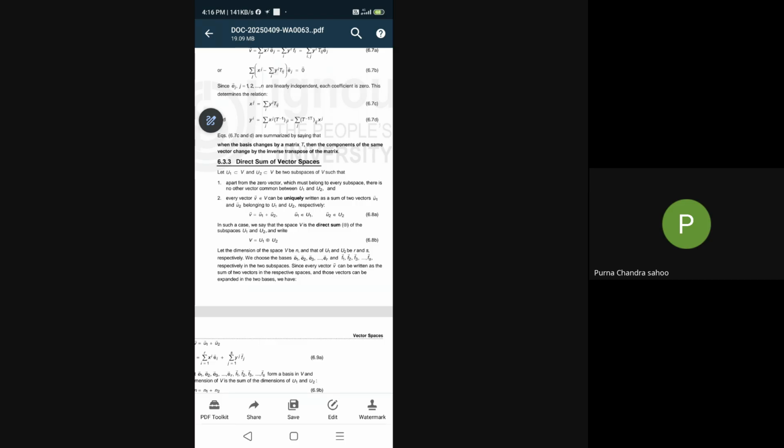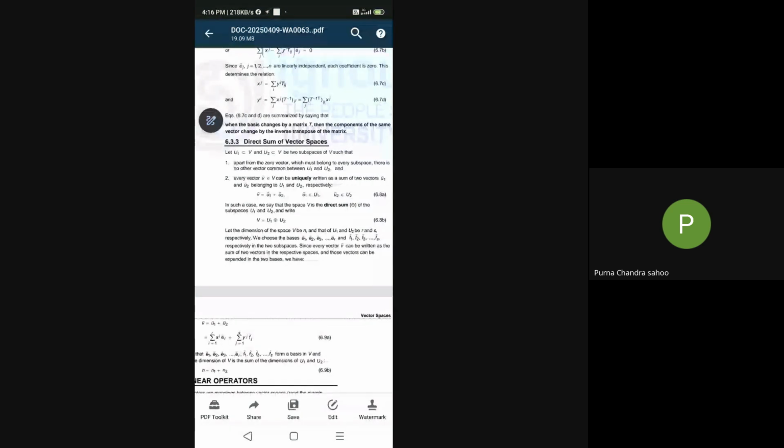So your vector v is equal to vector u1 plus vector u2, where u1 belongs to capital U1 and vector u2 belongs to capital U2. So in such a case, we say that the space V is the direct sum of the subspaces U1 and U2, and we can write V is equal to the direct sum of U1 and U2.